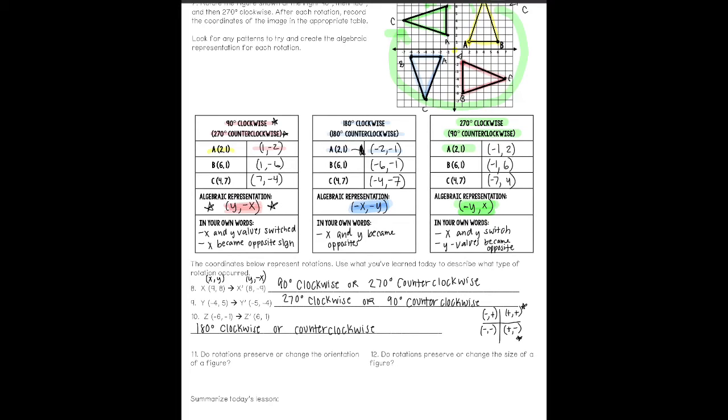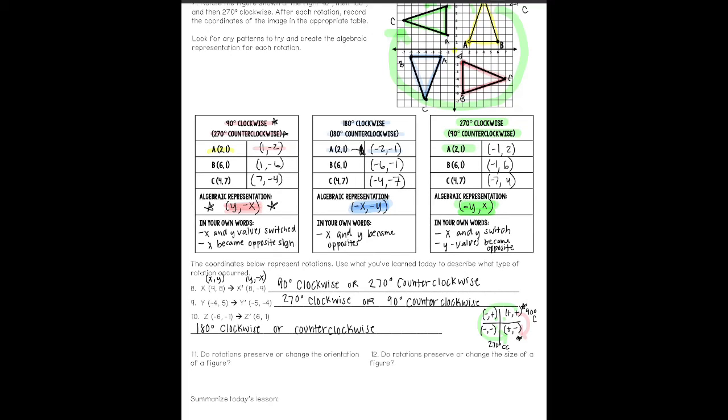So if it ended up in this quadrant, there's only 2 things that could have happened. It either went this way, okay, so that's moving 1, 2, 3 quadrants, so that's 270 degrees, and that would be counterclockwise, or it's moving this way to be right there, so that's 1 quadrant, and that's clockwise, so that's 90 degrees clockwise, okay?